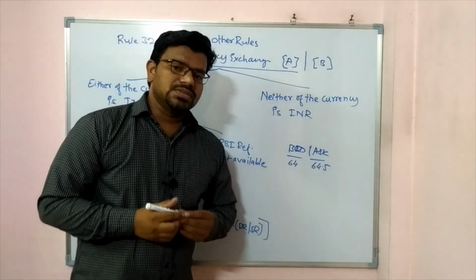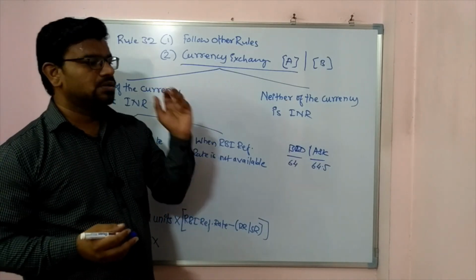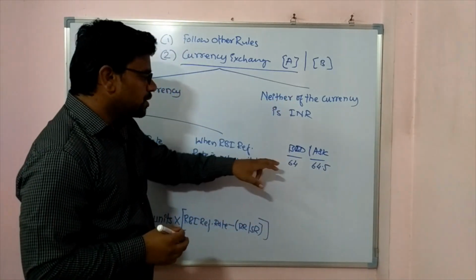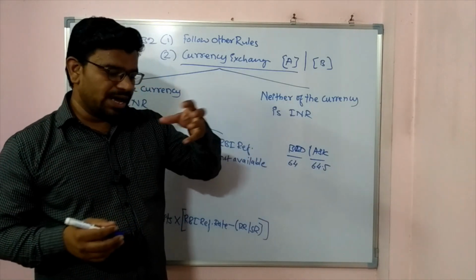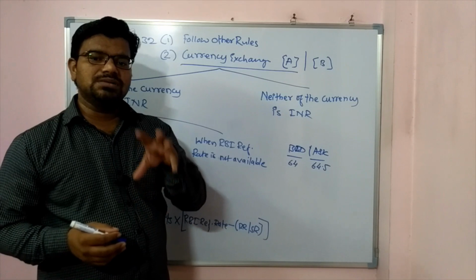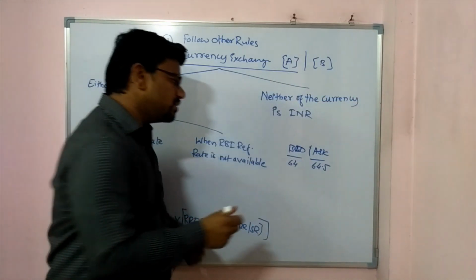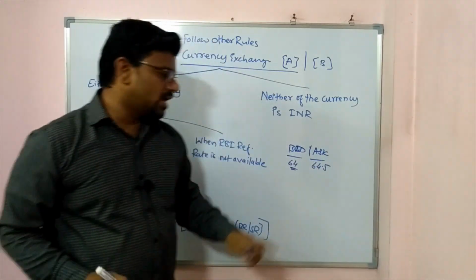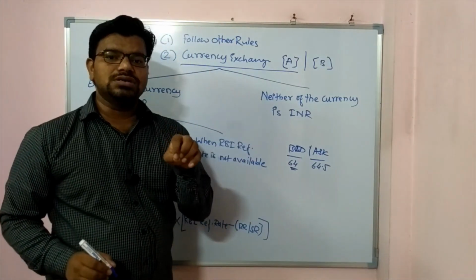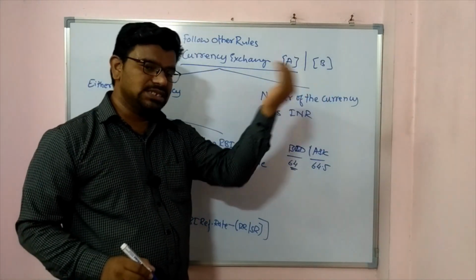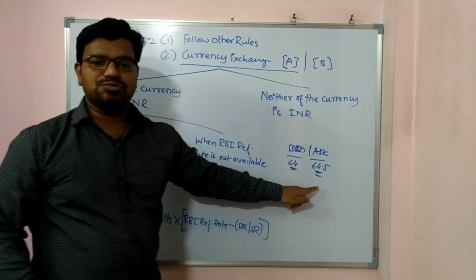If I have a foreign currency and I go to the bank and want to convert it into Indian rupees, I am selling my foreign currency to the bank. The bank is purchasing, and will purchase at this price. If I want to purchase US dollars, the bank will sell me the foreign currency at this price, 64.5.